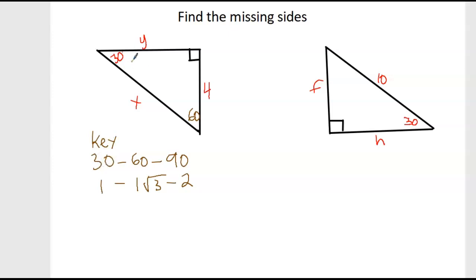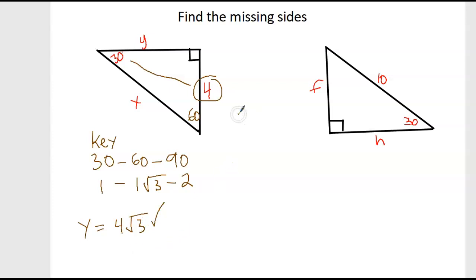So here, lucky enough, our 30 has been given to us: 4. If that is the case, and we are looking for our y, which happens to be the 60, our y is just going to be 4 times square root of 3, and we are done with that.